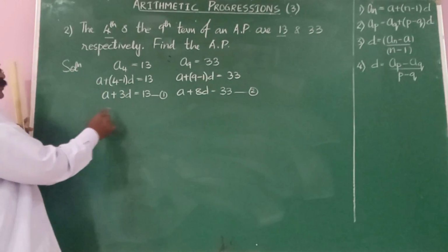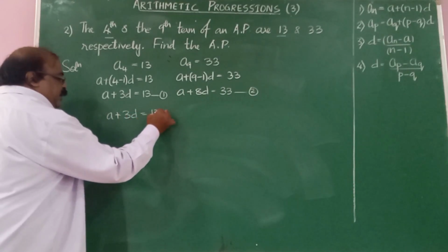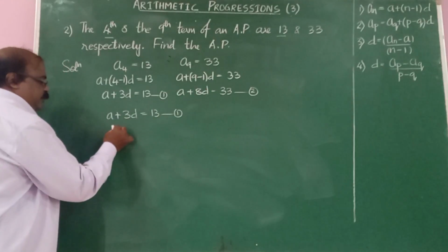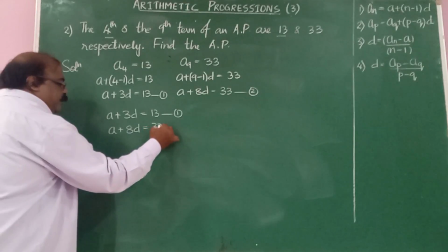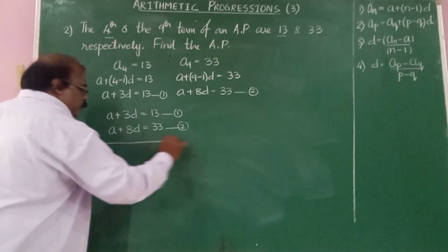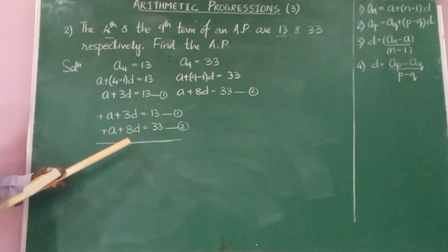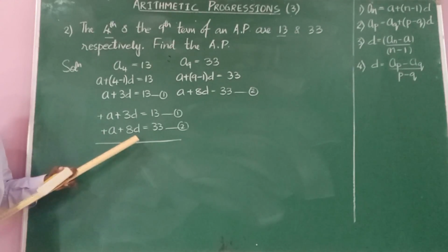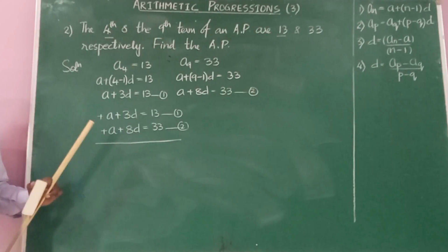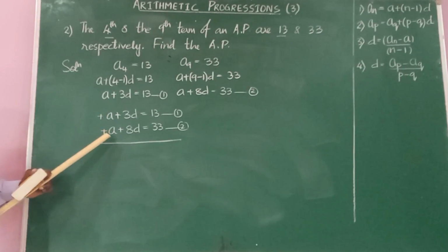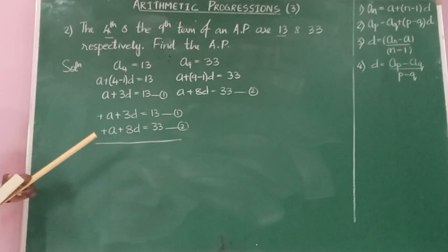Let me solve equation 1 and 2. Equation 1 says that a plus 3d is 13 and equation 2 states that a plus 8d is 33. I have to eliminate one term. Now to eliminate one term, I should either add or subtract the two equations. If I add, no term will be eliminated because 1a plus 1a will be 2a and 3d plus 8d becomes 11d.